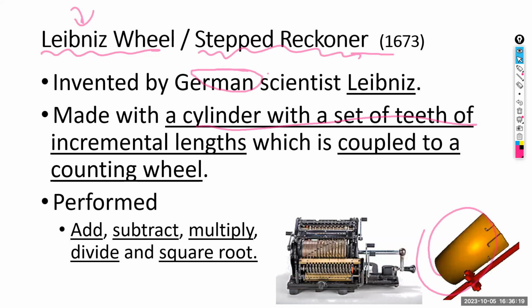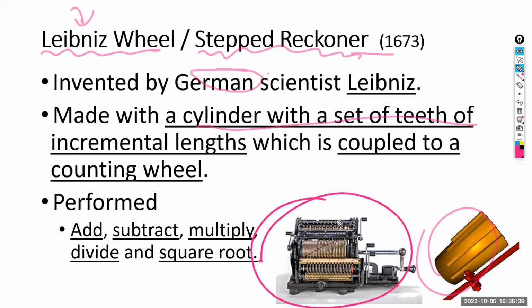Now remember, one of the weak points of Pascaline was that multiplication and division were not directly supported. But when it comes to the Leibniz wheel, it was a mechanical device. Now you can clearly see that it's a more sophisticated device than the Pascaline, obviously. That is how the evolution goes, right?